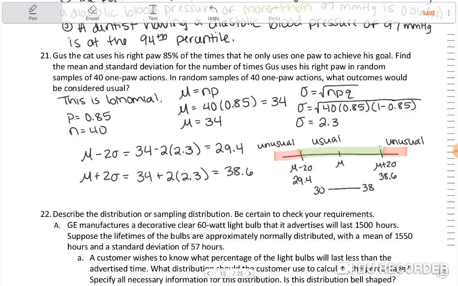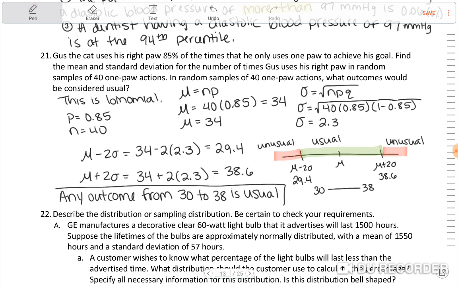And then anything beyond that would be considered unusual. So any outcome from 30 to 38 is usual. Okay, so we got that answered. The mean is answered. The standard deviation is answered.